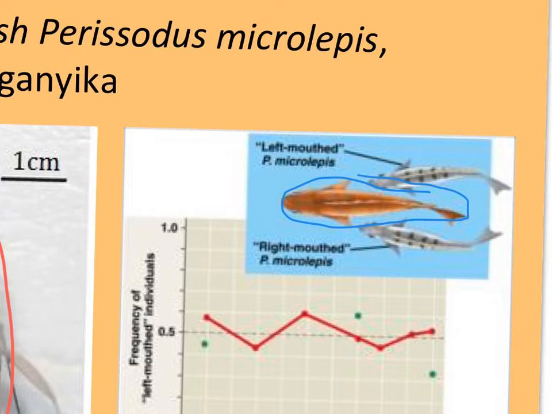The big fish doesn't like this, right? Well, remember there's two different sizes, or two different types, phenotypes. We have the ones that come on from the right that have their heads facing to the left, and the other ones that face to the right.